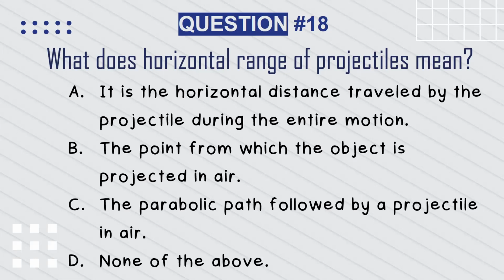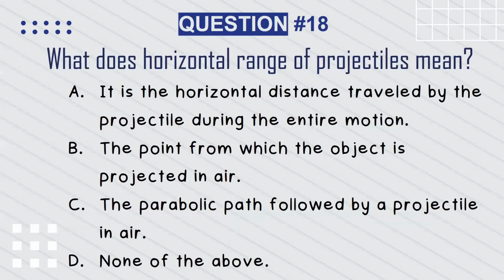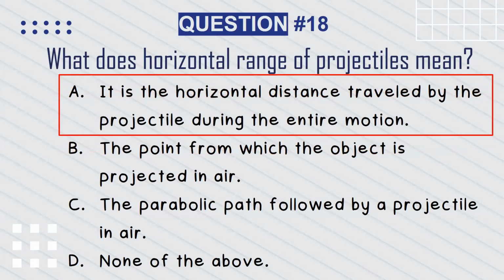Or D, none of the above? The correct answer is none other than the letter A. It is the horizontal distance traveled by the projectile during the entire motion.